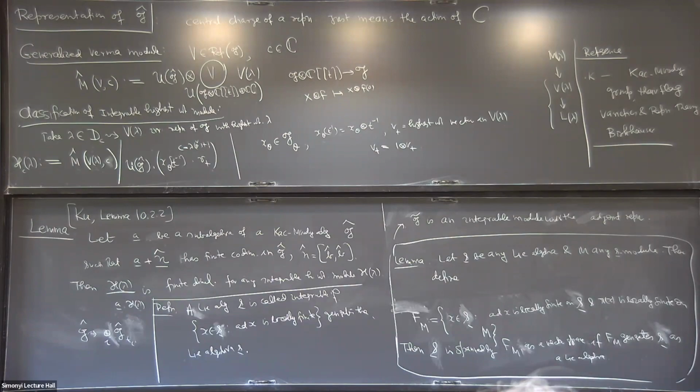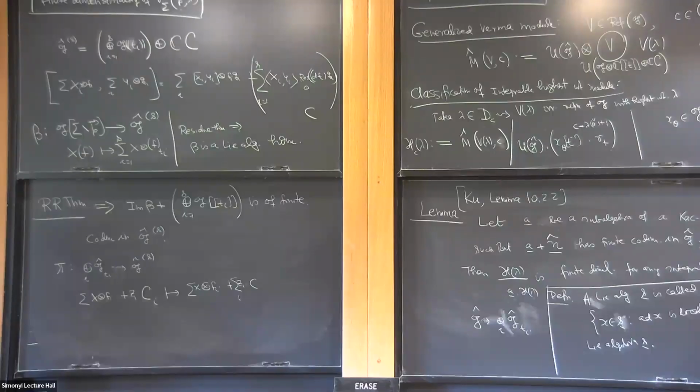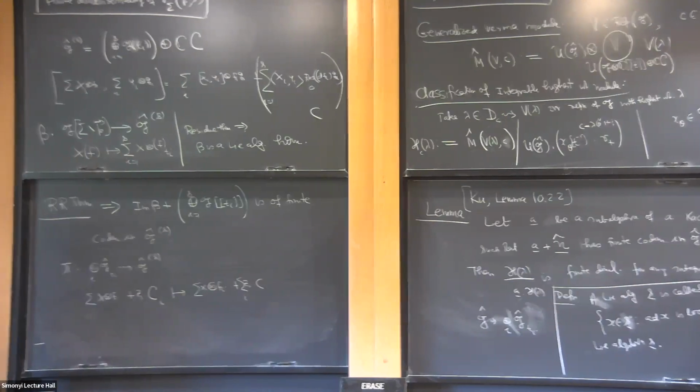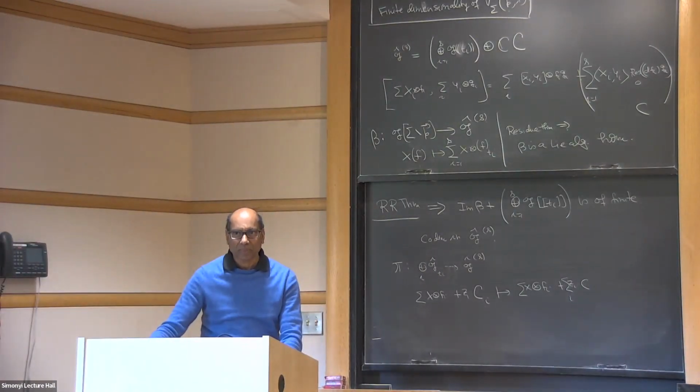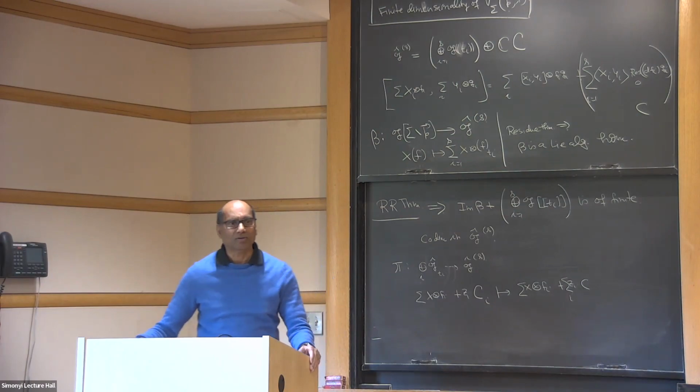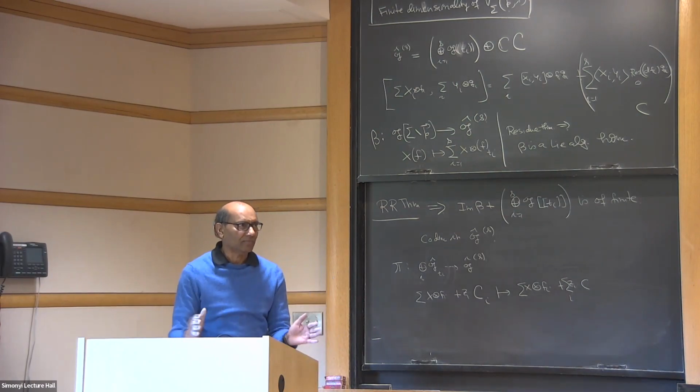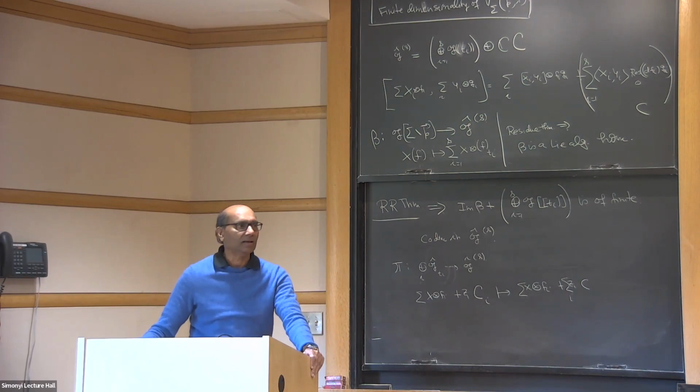Okay, so let's see. I think we have proved these two results: that this space of conformal blocks is finite dimensional and that it does not depend upon the choice of the local parameter. Next time, I will do the propagation of vacuum and the factorization theorem. I will give an indication; the full proof is a little bit long for both of those, but I will give you enough idea of the main ideas behind the proofs.